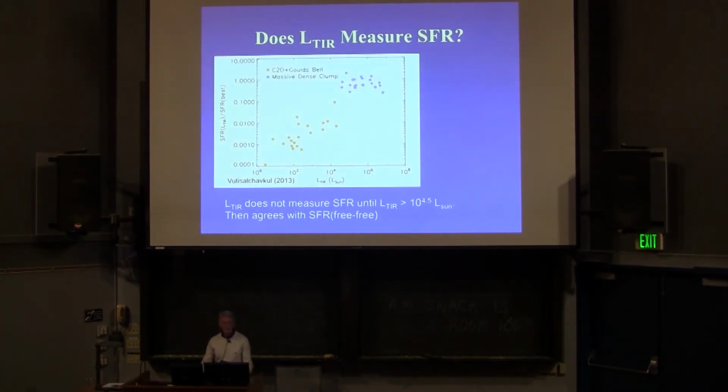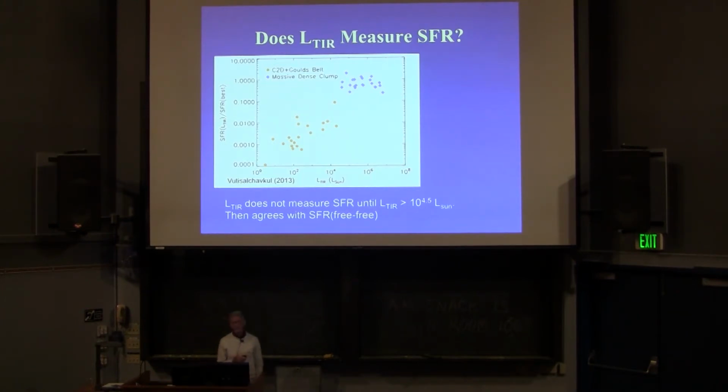So another student of mine did a study to try to ask, could we use these extragalactic measures, let's say the total far infrared luminosity, that's what TIR stands for, to measure the star formation rate. And in the nearby clouds, this is the plot of the star formation rate inferred from the relation extragalactic observers use between star formation rate and total infrared luminosity, over the best measure of the star formation rate, plotted versus the total infrared luminosity.